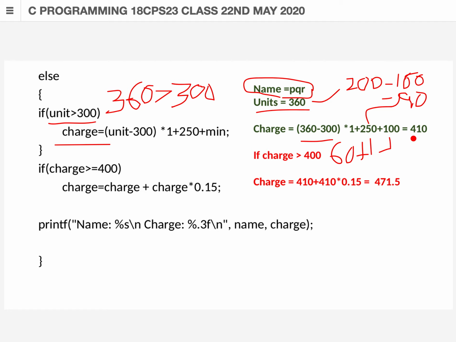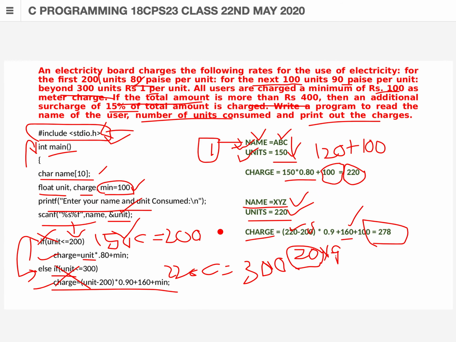So totally we are going to get a charge of 410 after evaluating this complete expression. So if the units are more than 300, the charge amount we are getting here is 410. For this 410, one more condition they have put here is if the total amount is more than 400, you can see in the question.